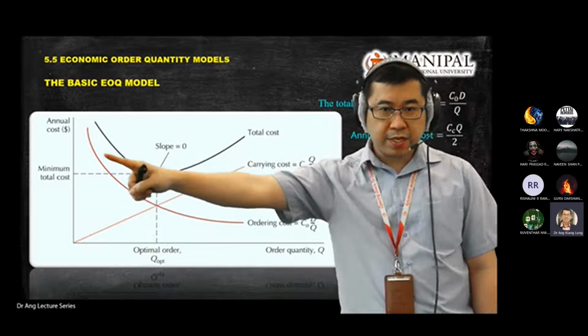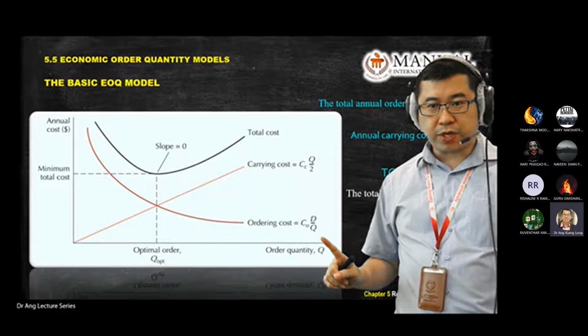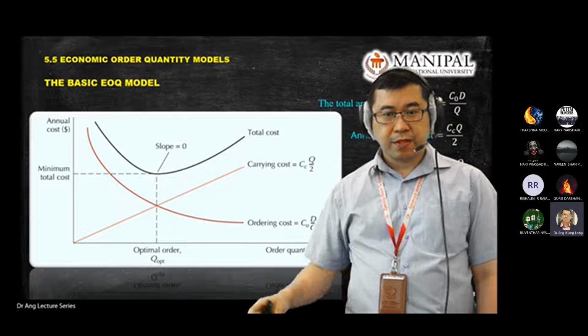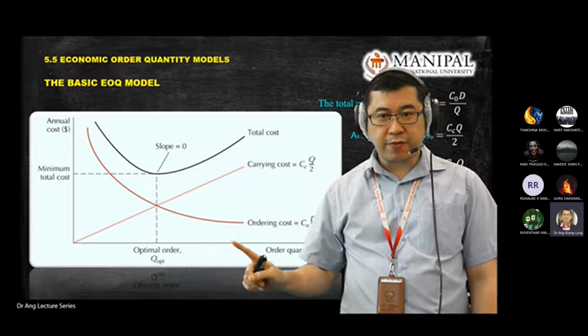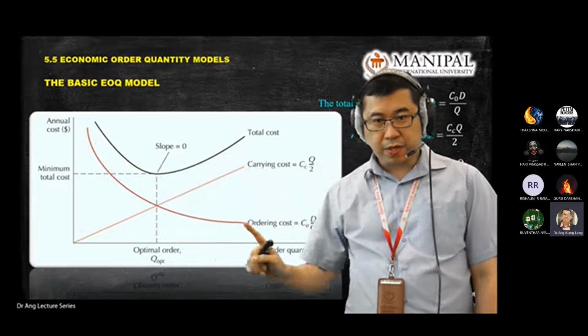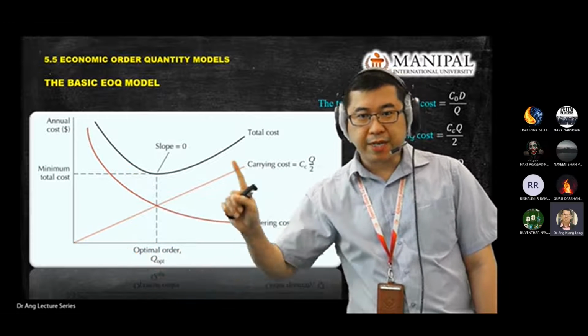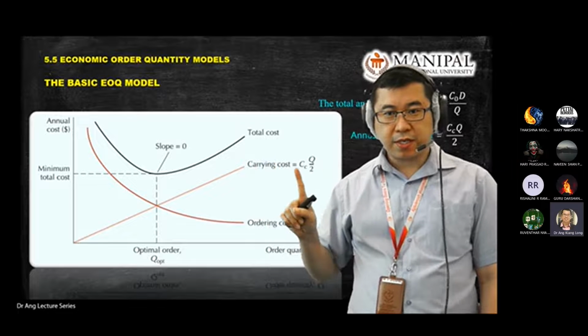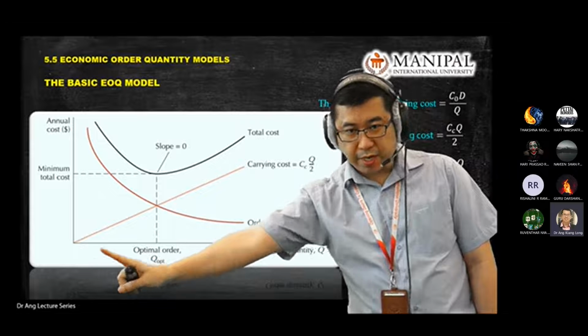It varies inversely with Q because the equation is 1 over Q. So if you plot the graph 1 over X, it will show this way. This is Y equal to mx. The Q is mx, right? The gradient is positive. So you get a straight line.